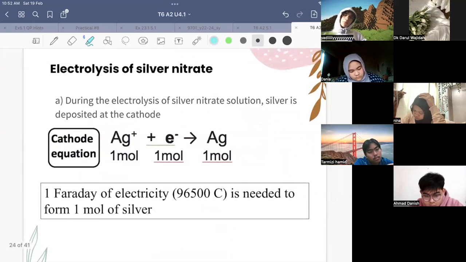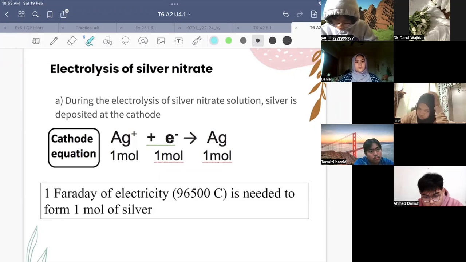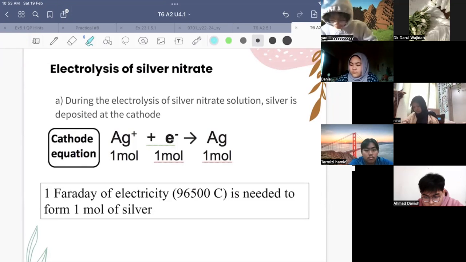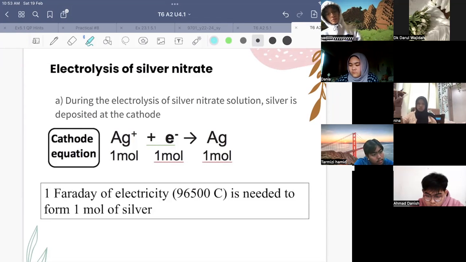Before we do the calculation, we also need to understand how many moles of electrons are involved in an equation, because we know that 1 mole of electrons carries 96,500 coulombs of charge. So it helps that we know how many moles of electrons is either required for a reduction process or released for an oxidation process.